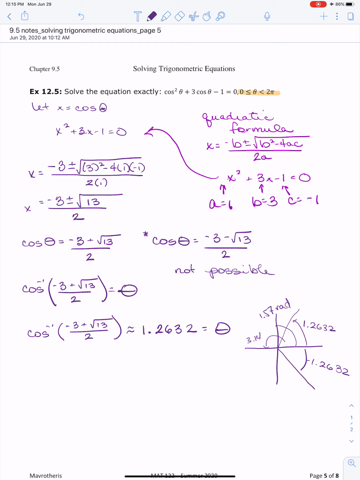So to find the second value, or our second solution, we're going to go back to what we know about coterminal angles. I'm going to subtract that from 2 pi. And I get 5.02.